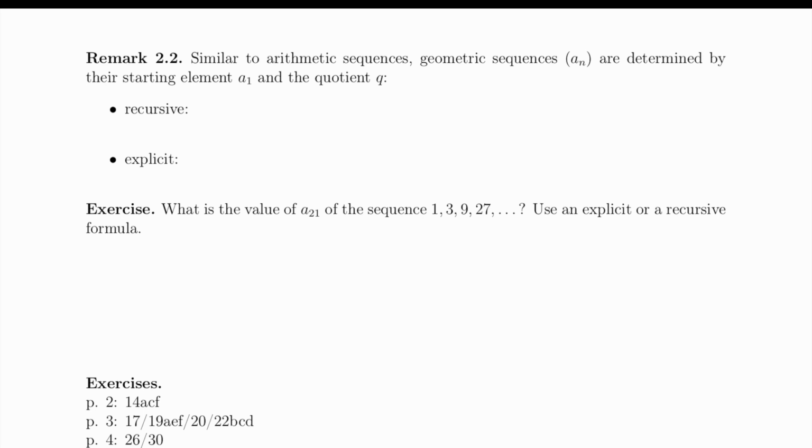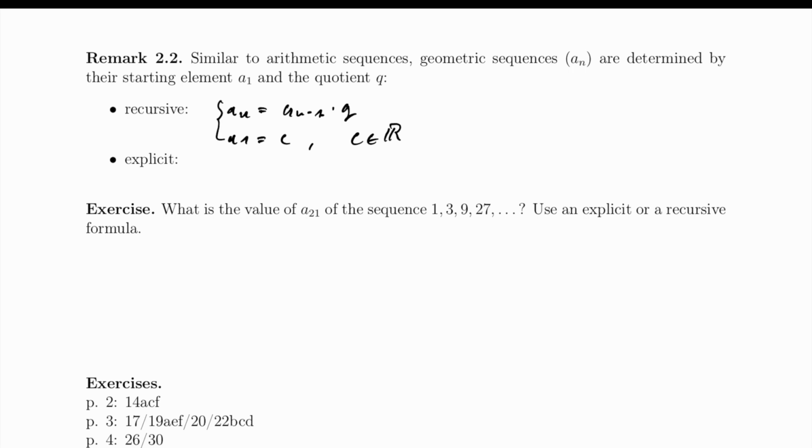So here, similarly as before, you would just say the recursive definition is a_n is a_{n-1} times q, and again a_1 is equal to some fixed real number.